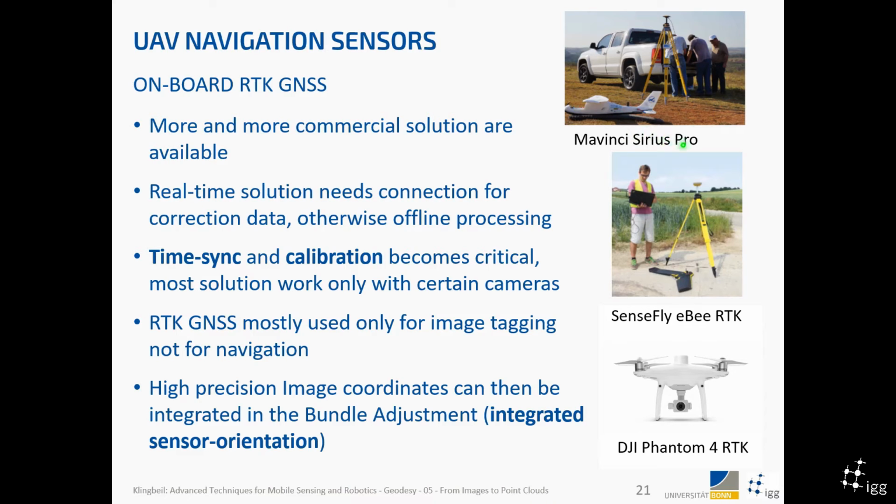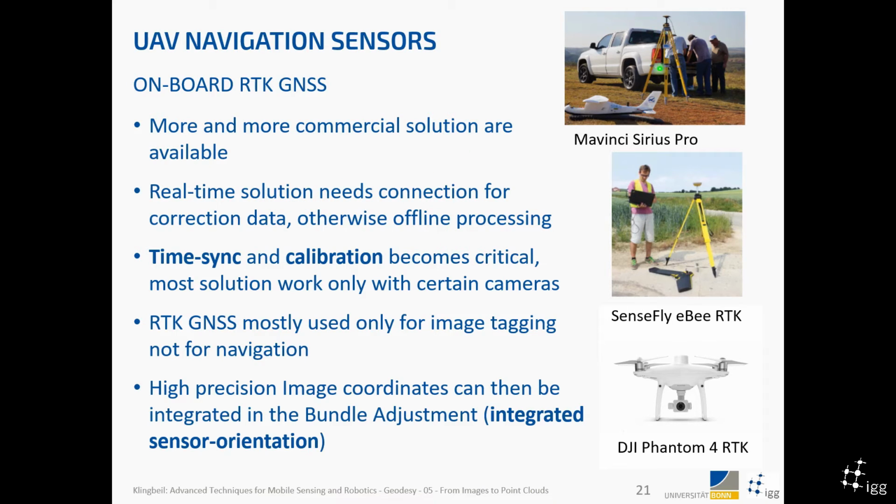So we can use the coordinates of this RTK GNSS receiver, when we know them at the time the image was taken, for georeferencing the whole point cloud. Of course, if you want to do that in real time, you need some sort of correction data, and you need to transmit the correction data to the drone. But usually, this is not needed in real time, so you can do that offline.